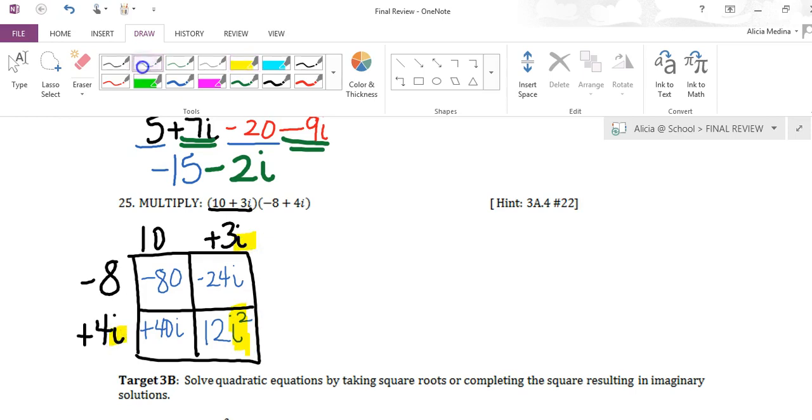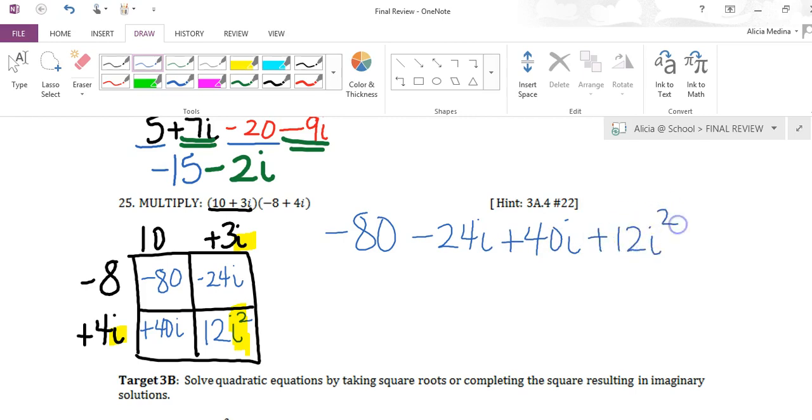Don't forget that. All right, now I'm going to write all those terms out and see if there's anything I can combine or simplify. So negative 80 minus 24i plus 40i plus 12i squared. All right, I'm going to combine my like terms. Some like terms I see here are a negative 24i and a positive 40i.